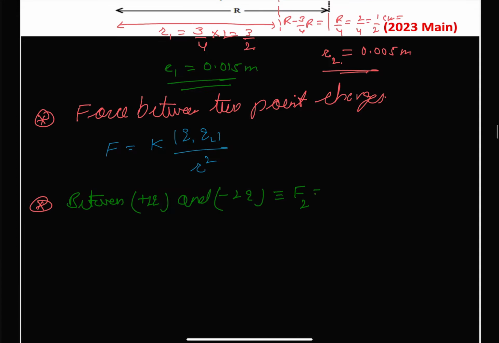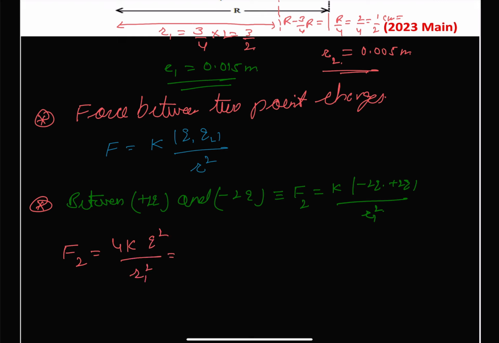So F2 will be equal to K times minus 2Q multiplied by plus 2Q divided by R1 square, and we can write this as 4 times K Q square upon R1 square.